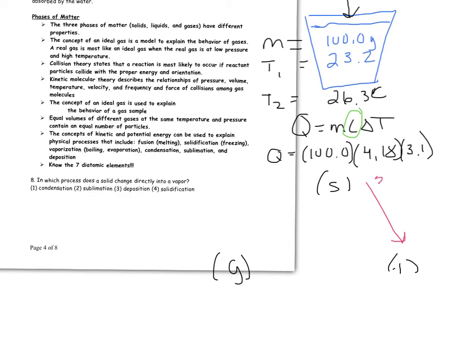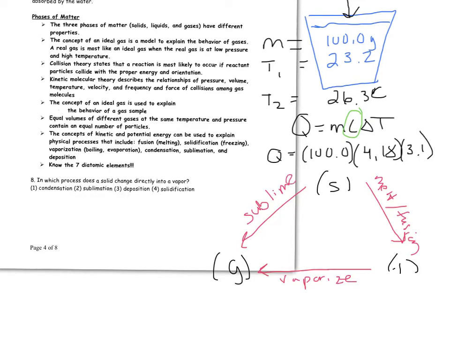In chemistry, we may call this fusion, so it could be said either way. When we change from a liquid to a gas, that is called vaporization, so that's to vaporize. It may also be called boiling. And then if I have a solid and I add heat to it and it turns directly to a gas, that is called sublimation.